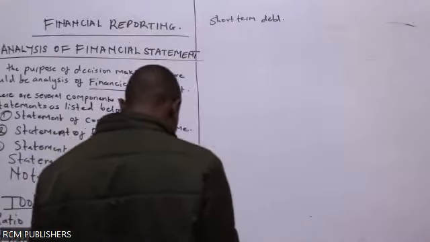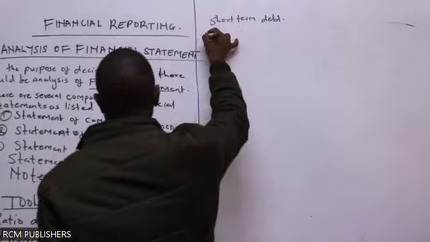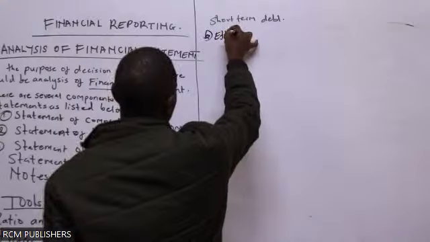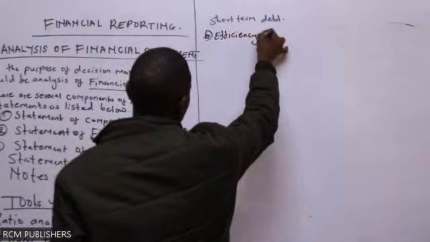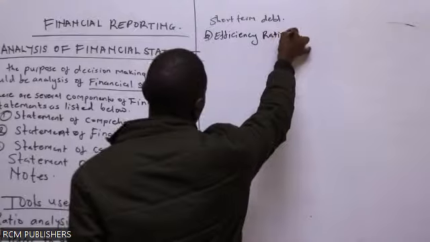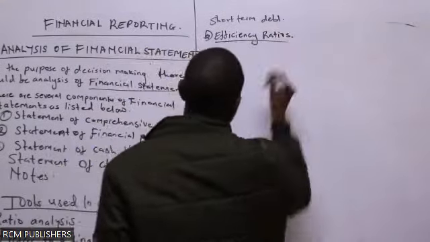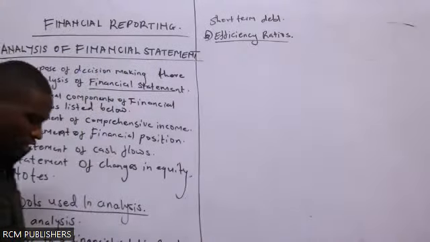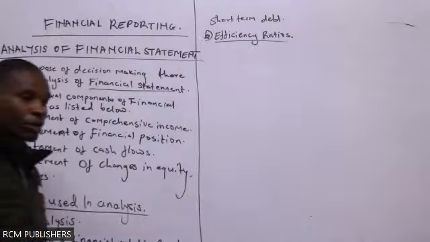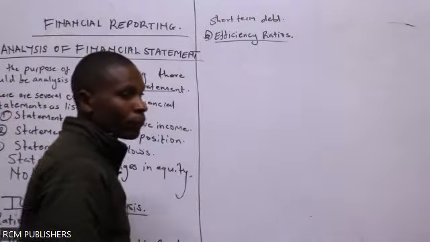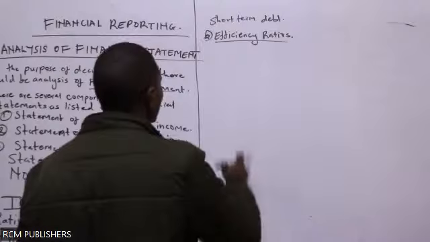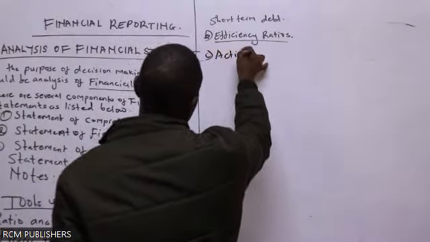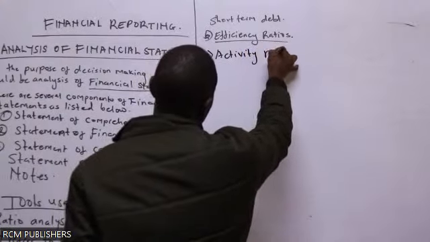Then we have efficiency ratios, and the other one is activity ratios.